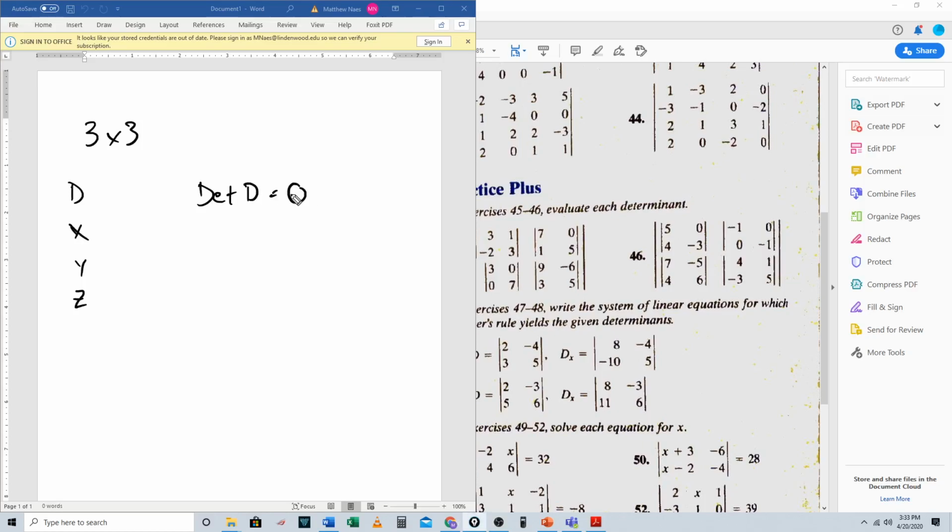Now, if the determinant of your original function is 0, that either means you have an inconsistent system, which means you have no solutions, or you have an infinite number of solutions, a dependent system. So you have infinite solutions.